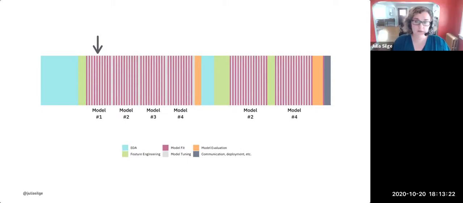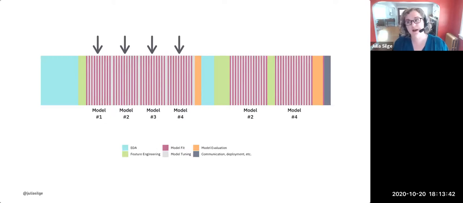And typically when we are in the process of doing this, we don't do this with one model, but in fact, we have multiple models that we want to try out, because we don't know ahead of time typically what model is going to be the best model for any given data set.